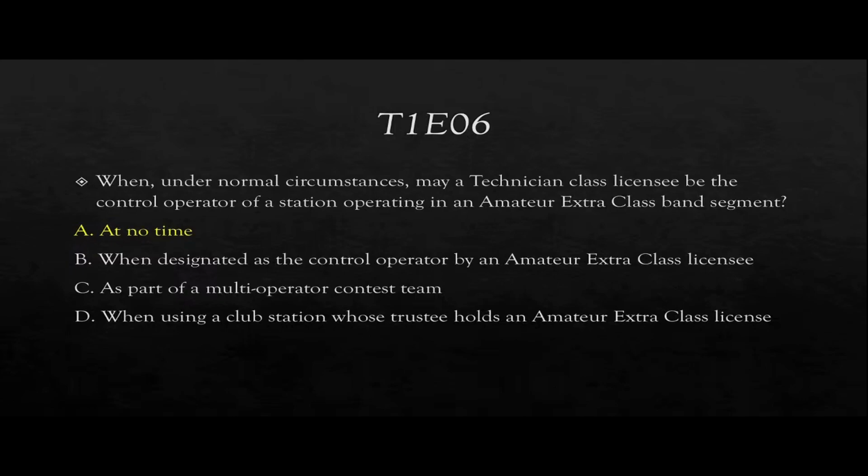C, part of a multi-operator contest team. Nope, I can operate within my privilege. If the other guys are busy operating radios themselves as well, they have to stay in their privileges. I can't just say, well, I got an operator way over there, so I can operate in the extra. That's not true. I have to be only in my privileges at the time.